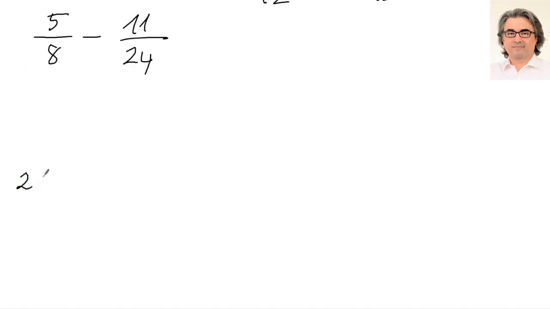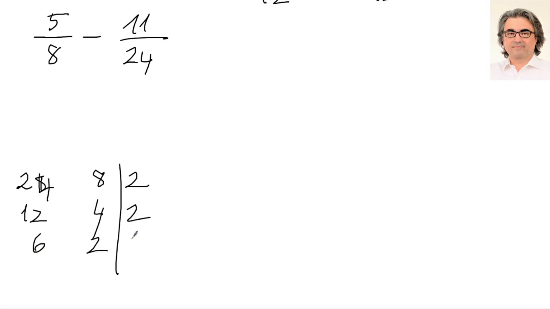24 and 8. Divide by 2, both are divisible by 2. If you divide 24 by 2, you will get 12. If you divide 8 by 2, you will get 4. Again 2, 12 divided by 2 is 6, 4 divided by 2 is 2. Divide again by 2, 3 and 1.